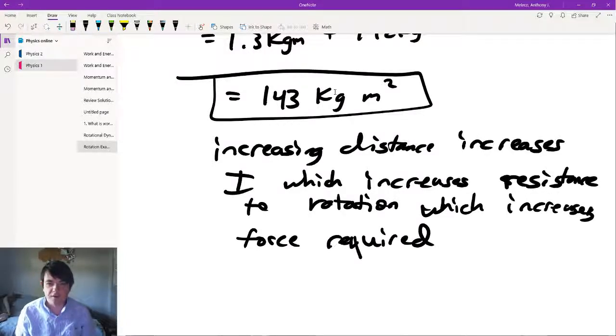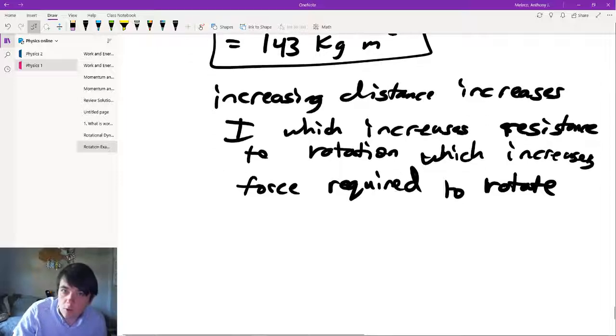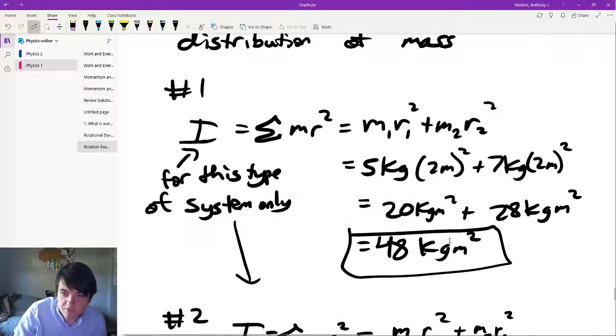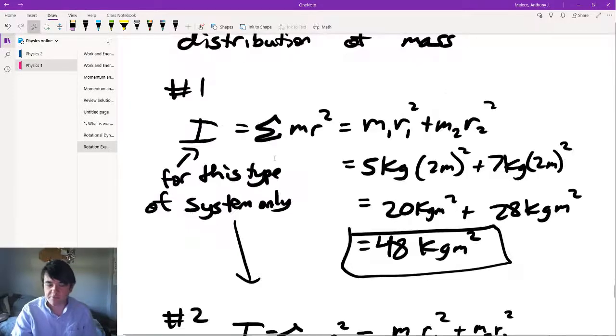That is, my handwriting just progressively got worse. Which increases force required to rotate. And that force required to rotate would be the centripetal force. Okay. But yeah, massive number between the two. You have the same masses. They're just, if you distributed them evenly, they're easier to rotate.